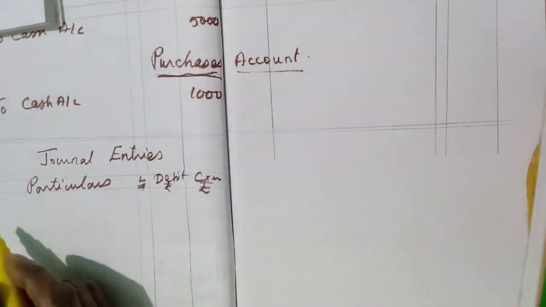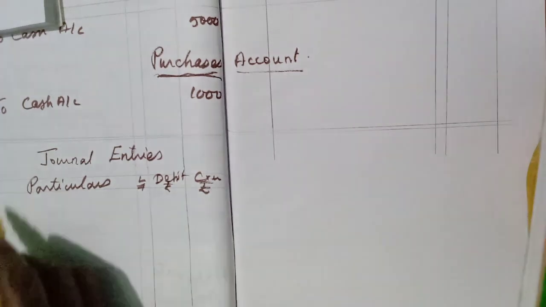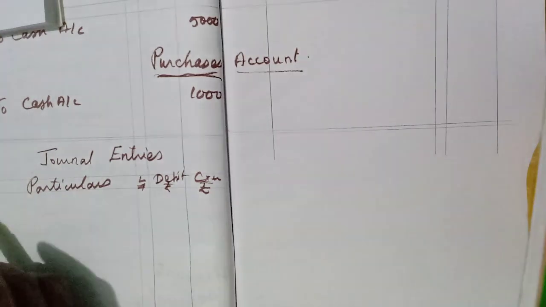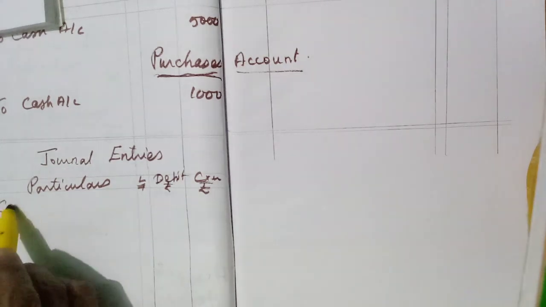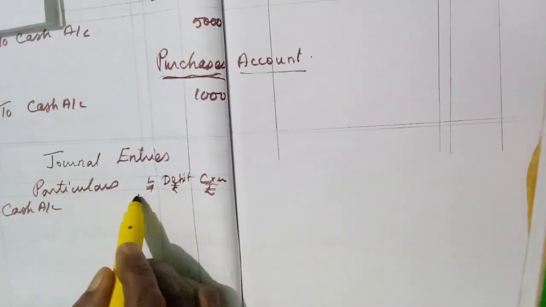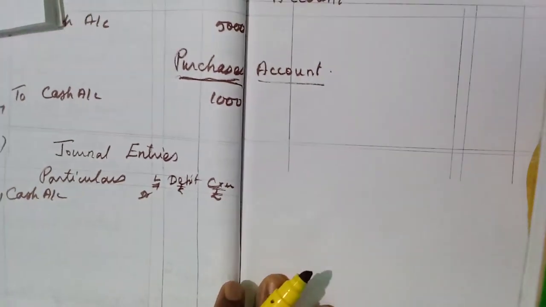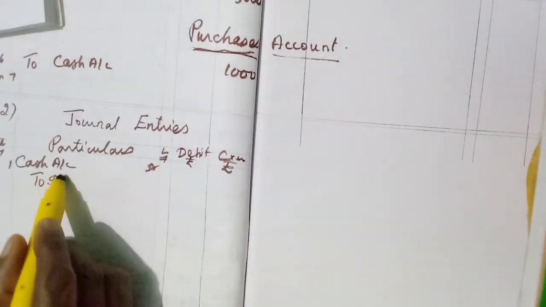First one, Dharma started business with cash. So we know cash account debtor to Dharma's capital account. Before that we write the date first. 2017 August 1. Okay. Cash account debtor to Dharma's capital account.